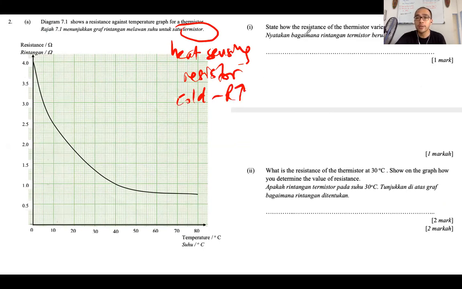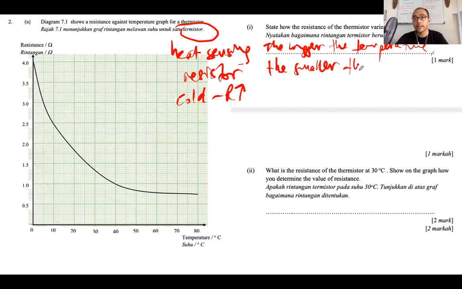State how the resistance of the thermistor varies with temperature. Nyatakan hubungan antara rintangan thermistor dengan suhu. The bigger the temperature, the smaller, or the lower, the resistance.